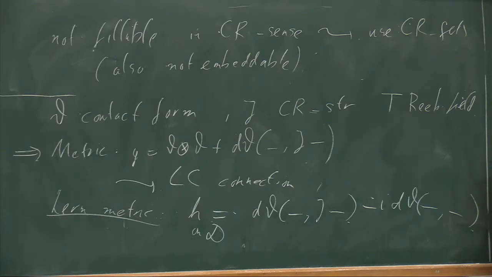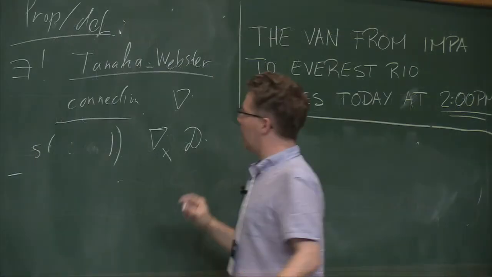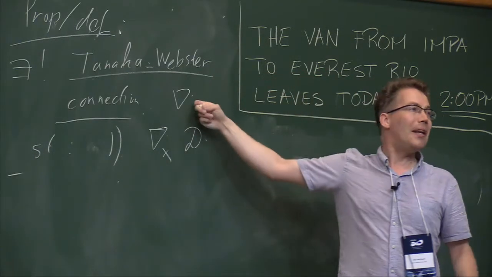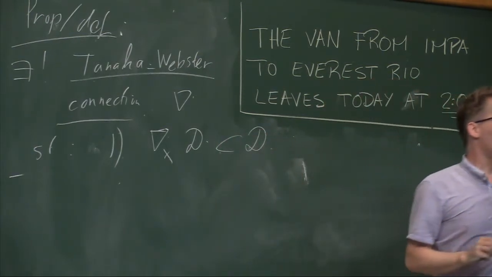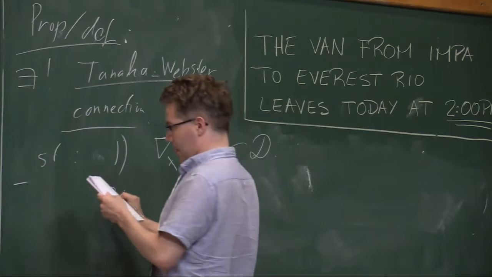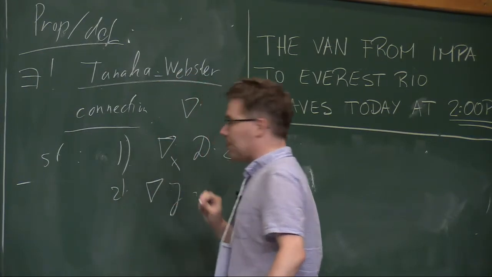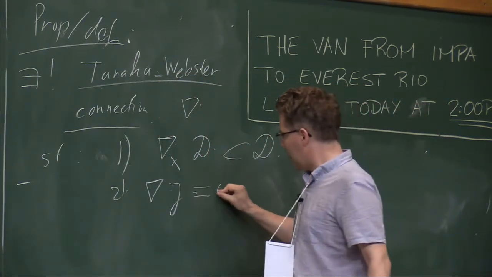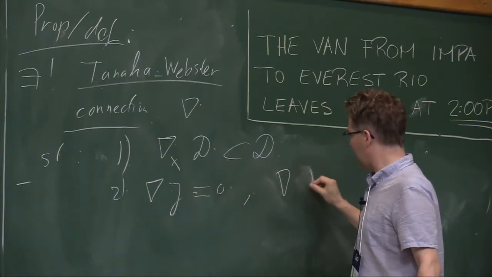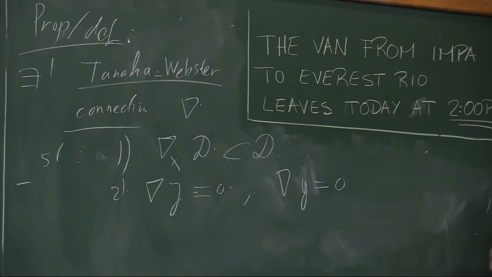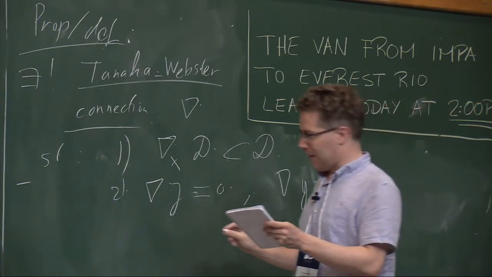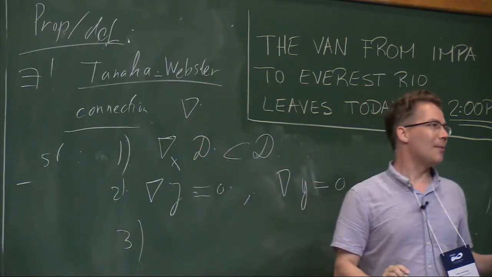such that, okay, what do we want? This will not be the Levi-Civita connection. It will preserve the distribution, it keeps J parallel, and it also satisfies metric compatibility. That sounds very good, but it sounds so good that there must be some catch.